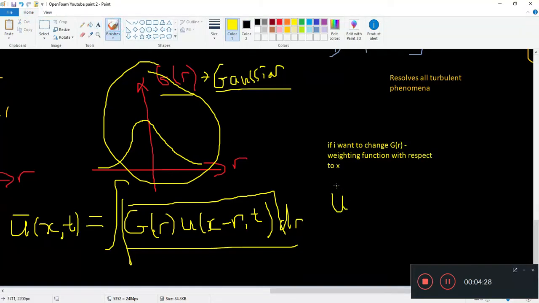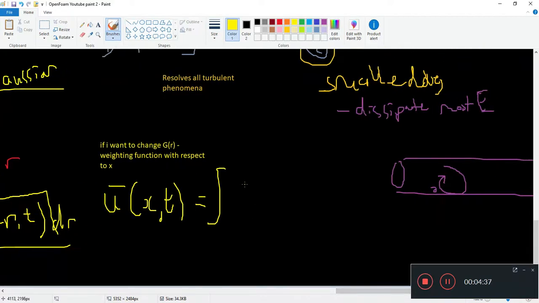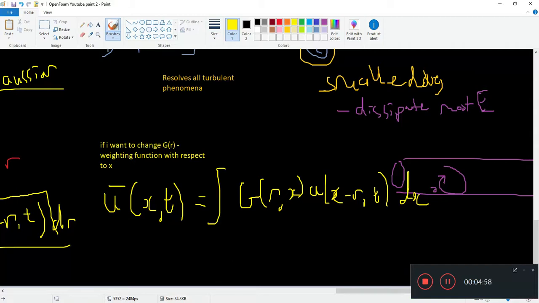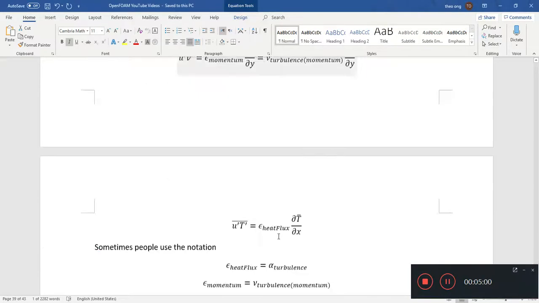So U bar of x, t equals the integral of G of R, x times U of x minus R, t, dx. Apologies for the messy writing, but that's more or less how we get our filtering done.